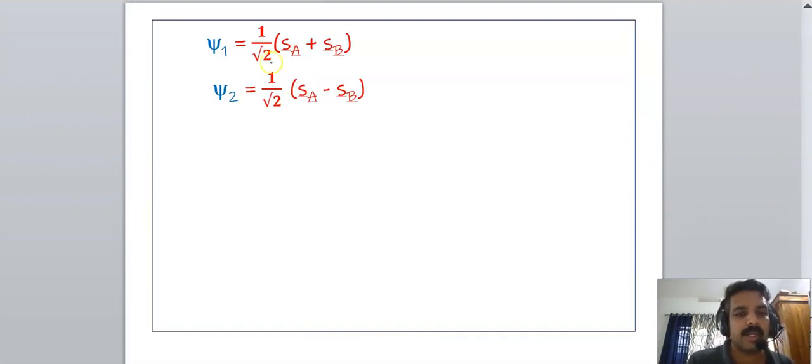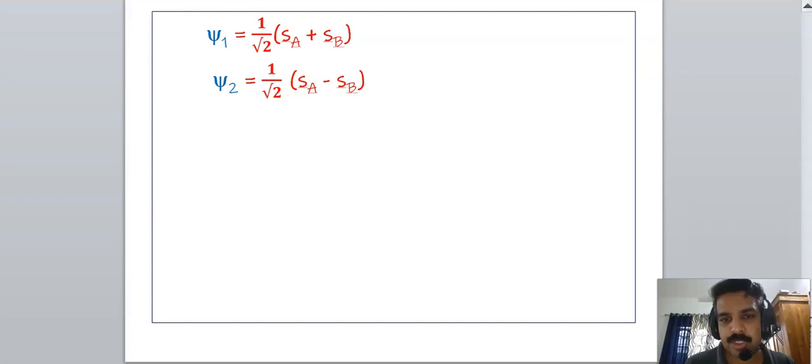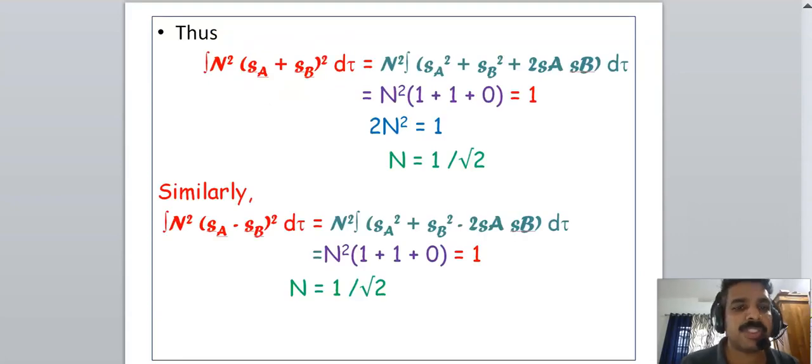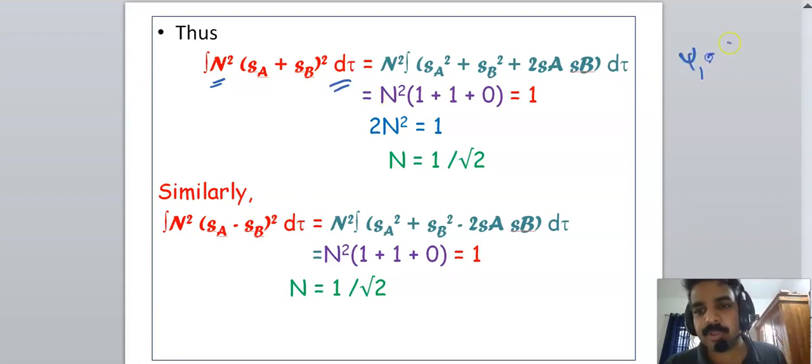Before that, this is the first slide, the normalization constant N square into SA plus SB the whole square d tau, for our psi1, that is SA plus SB. We are normalizing, that is integral of SA plus SB the whole square d tau should be equal to 1.